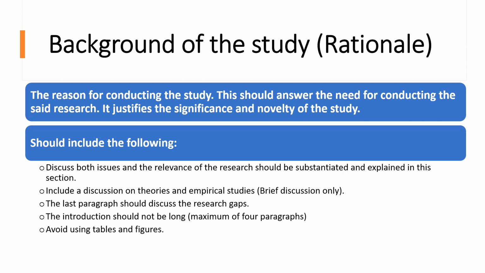It discusses the root cause of the study. This should answer the need for conducting the research, and it justifies the significance and novelty of the study. So what are the things you should include in the background or the rationale?